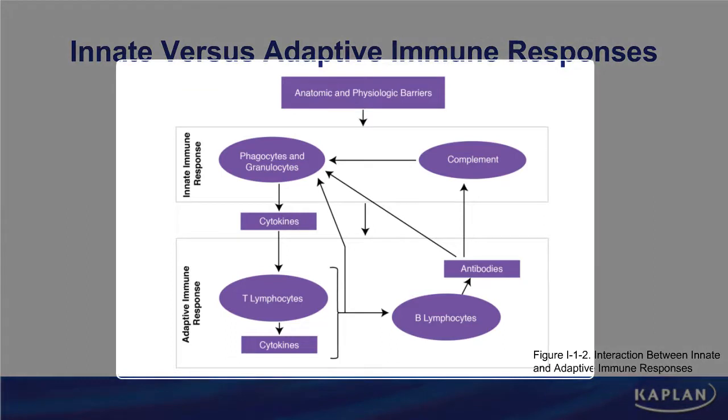As an example of this, notice that within the innate immune response, we have phagocytes such as macrophages or dendritic cells that produce cytokines. These cytokines act upon the T lymphocytes of the adaptive immune response, and in turn, the T lymphocytes produce cytokines.